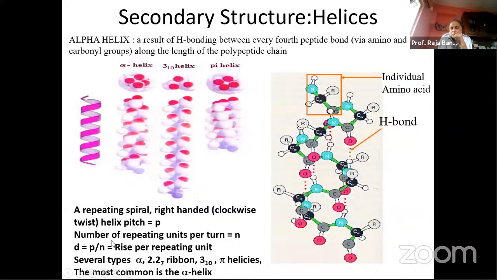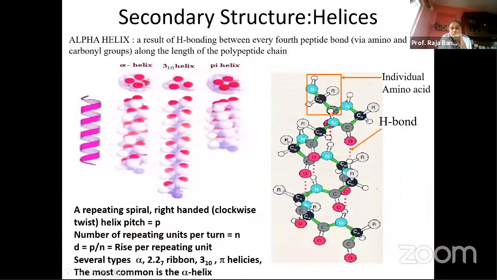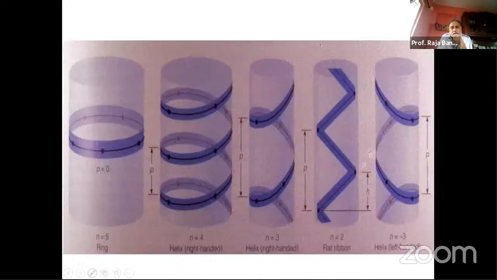Depending on the pitch, we find that there are different types of helices, and this is an example: the alpha helix, the 2.2/7 helix, the 3-10 helix, and the pi helix. Out of these, the alpha helix is the most abundant and common. So this is the nature.